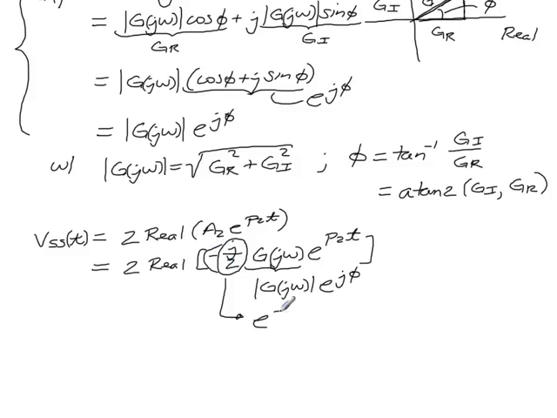Basically doing the same thing: this number here, minus j, is going to be an angle of minus π/2. And j has a modulus of 1, so there's a 1 that goes out in the front. The 2, I shouldn't have included the 2 in there. That 2 cancels out there.